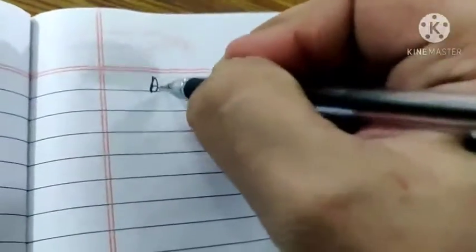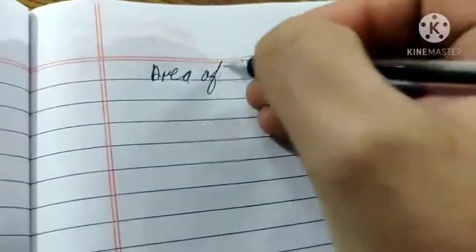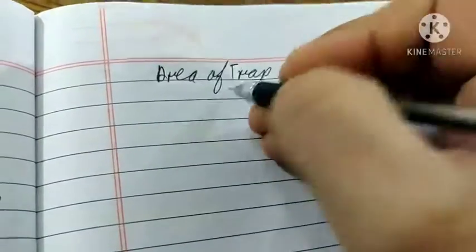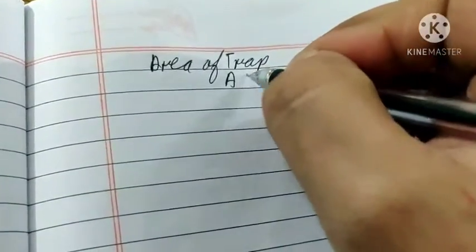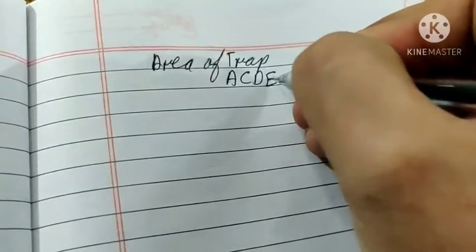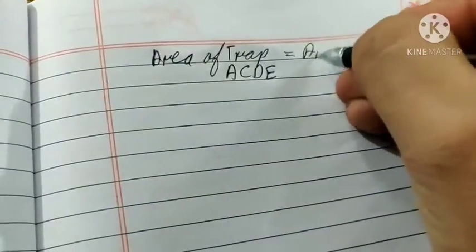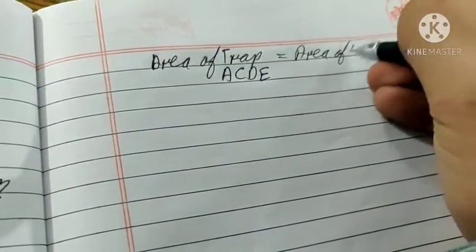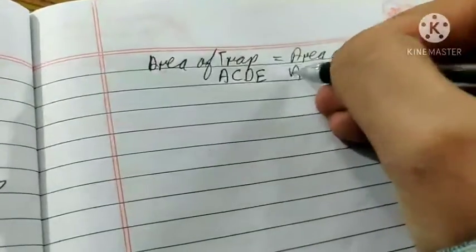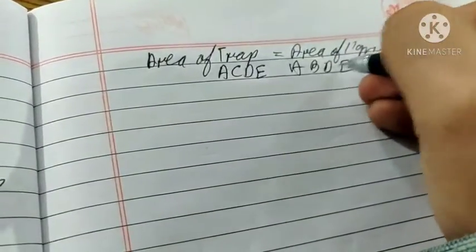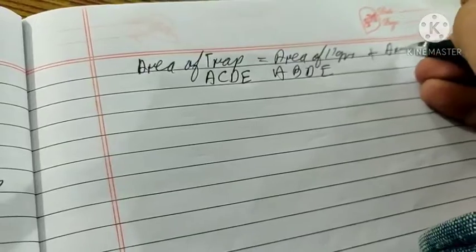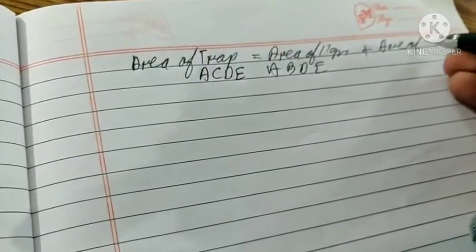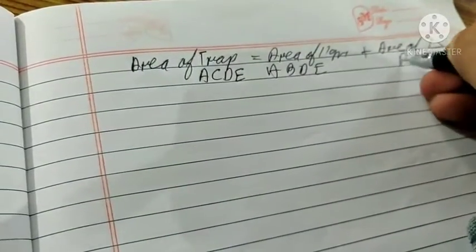So we can write that area of trapezium ACDE is equal to area of parallelogram ABDE plus area of triangle BCD.